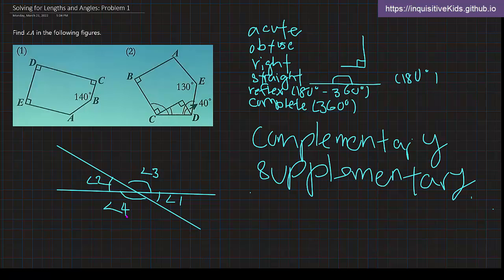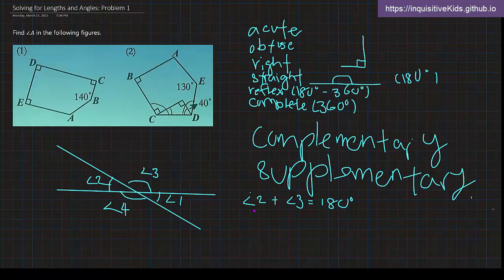So why do they equal each other? Well, let's first try to prove that angle 1 and 2 are equal. So angle 2 plus angle 3, as you can see, equals 180 degrees, right? Because they're on a straight line.